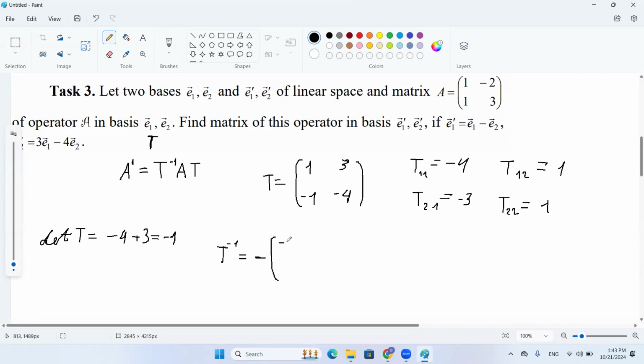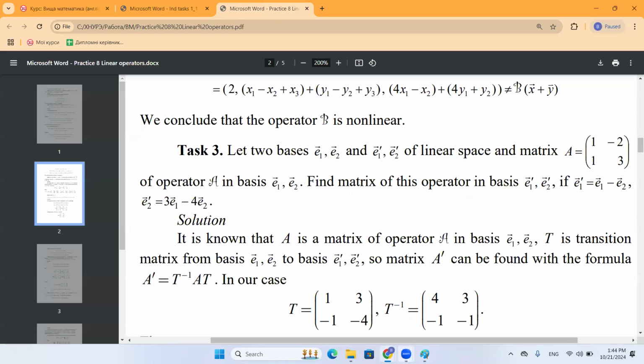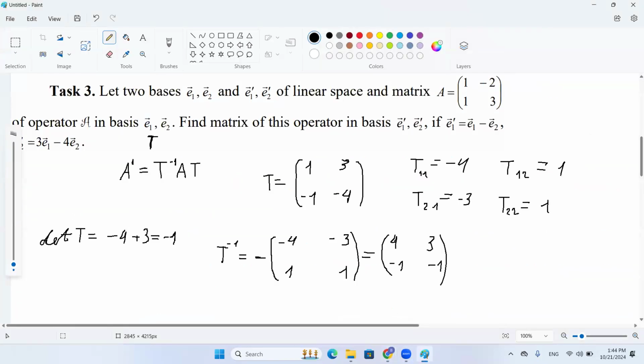So -4, then -3, and 1, and 1. And now multiply by -1. But let me better check if everything matches. Yeah, that's correct. All right.